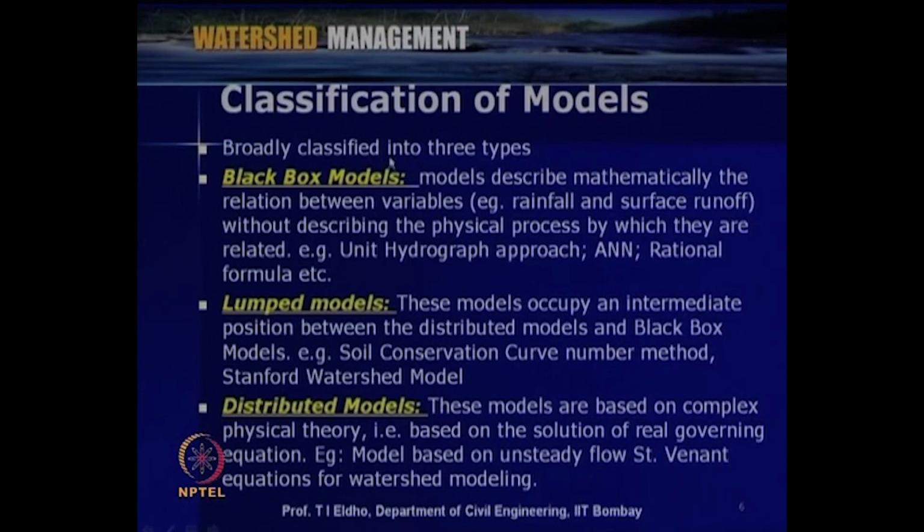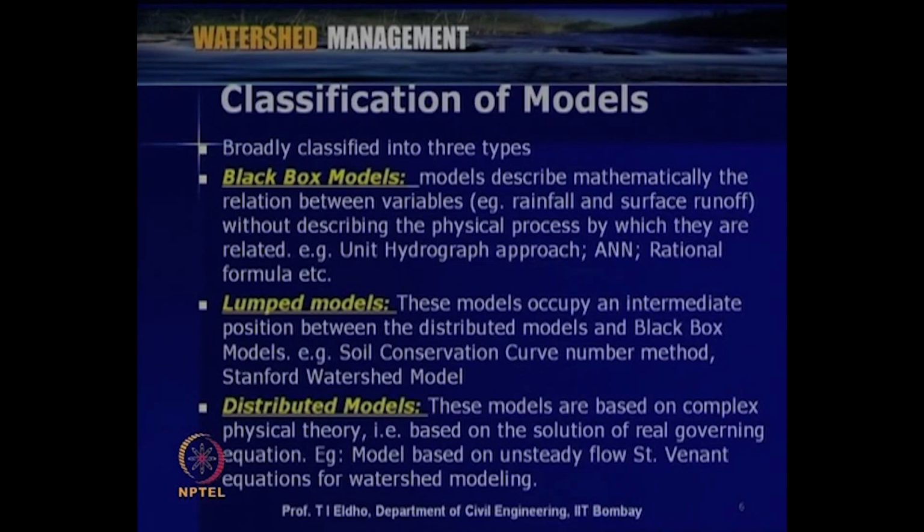When we say a black box model, these models describe mathematically the relation between variables, for example rainfall and surface runoff, without describing the physical process by which they are related. When we are using a black box model, important parameters are rainfall and runoff.